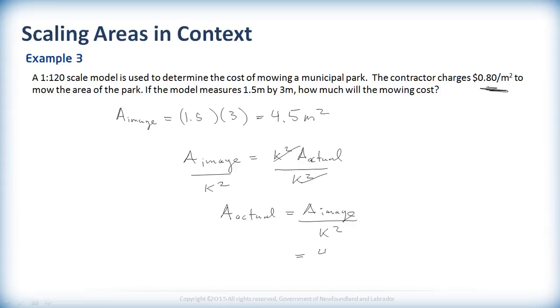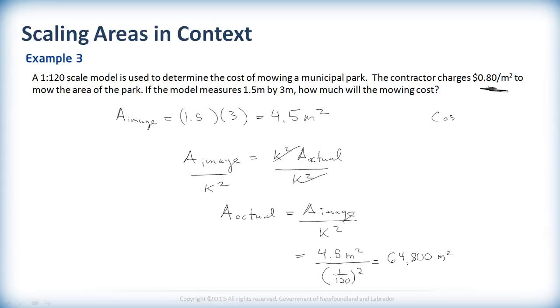So that is 4.5 meters squared, divided by, now k is 1 over 120, and then we got to square that. So we're going to end up multiplying by 120 squared because we're dividing by the scale factor, which is a fraction. So we're going to end up with 4.5 times 120 squared, which is 64,800. That's a huge park. So we've got 64,800 meters squared to be mowed.